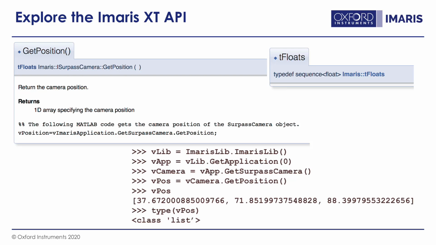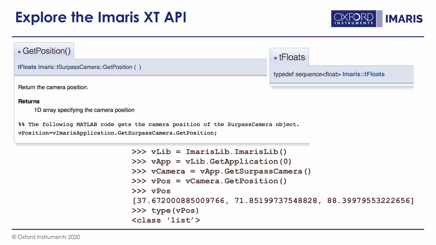GetPosition takes no arguments and will return a so-called tFloats, which is, on the right side, you see, a sequence of floats. Depending on which programming language you use, this sequence will be something different. In case of MATLAB, this sequence is just a vector, and in the case of Python, the sequence is a list of float. You see here an explanation of what the method does, what it returns, and you have a code example.